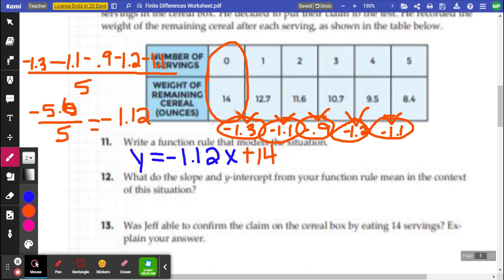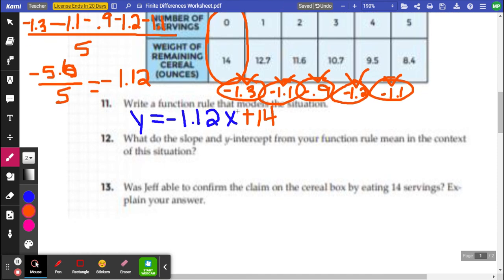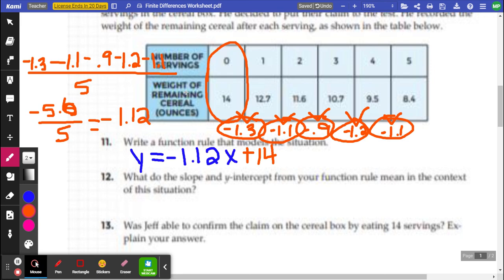All right. So now let's talk about what these mean. Slope. So he has his box of cereal. And he's doing what to this cereal? He eats the cereal, so he's pouring it out. Then he's measuring the box. Pouring it out, measuring the box. So what does the slope mean?